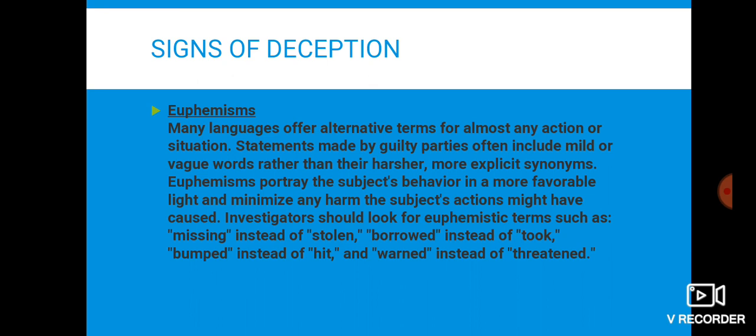Euphemisms portray the subject's behavior in a more favorable light and minimize any harm the subject's action might have caused. Investigators should look for euphemistic terms such as missing instead of stolen, borrowed instead of took, bumped instead of hit, and warned instead of threatened.